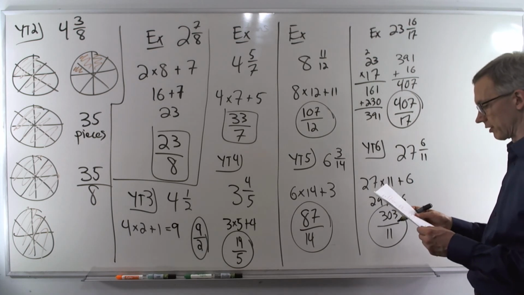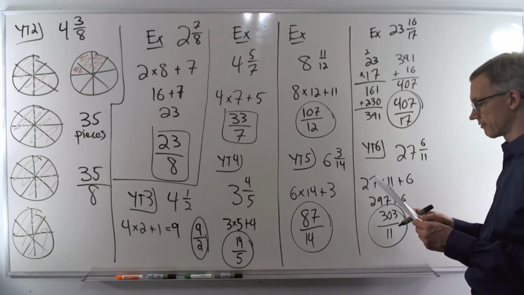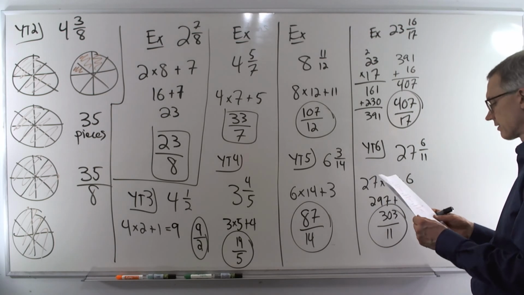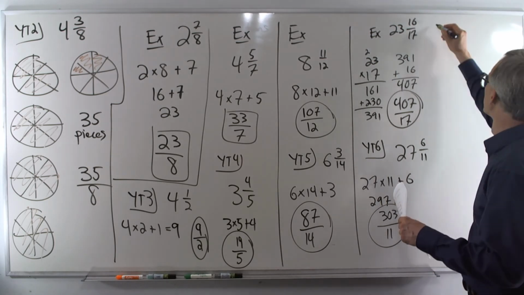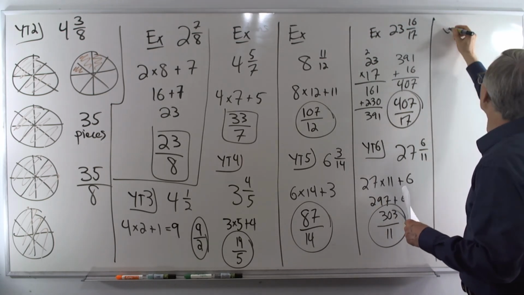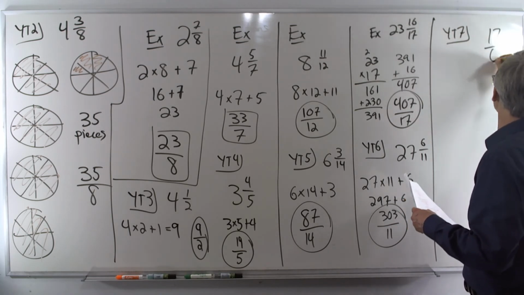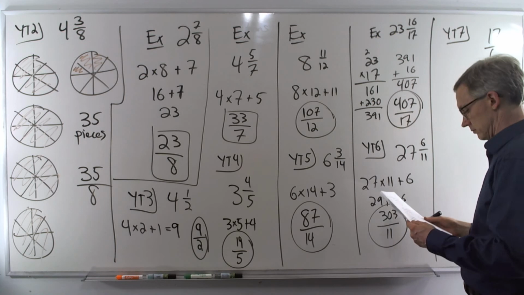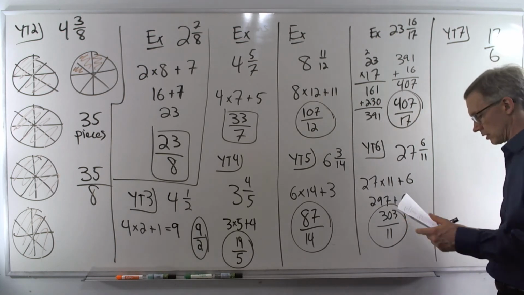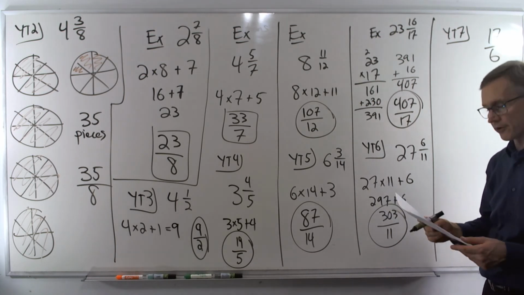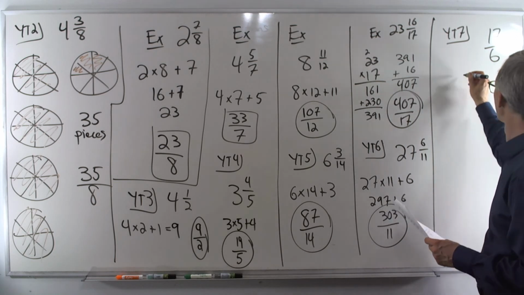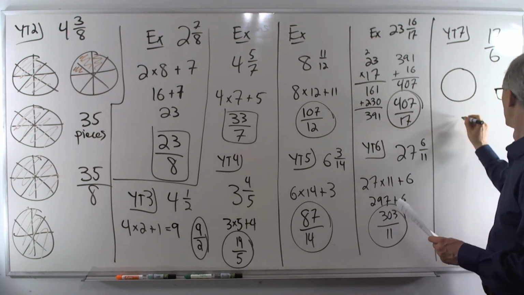Your turn, number 7. Create a pizza diagram to represent the fraction 17/6. All right, well, we have more pieces than there are in a single pizza, so we will need more than one pizza.